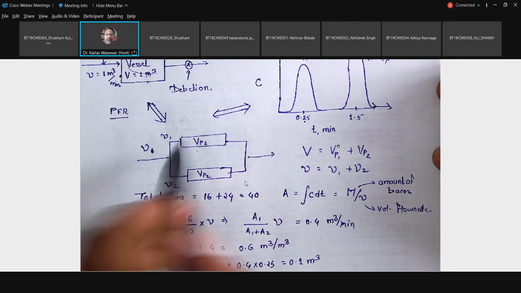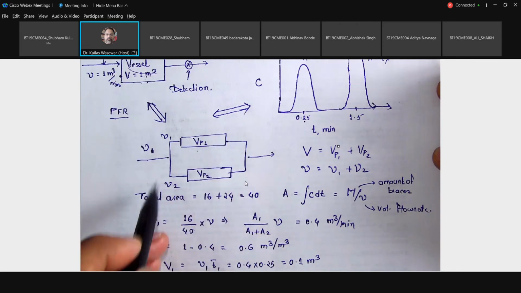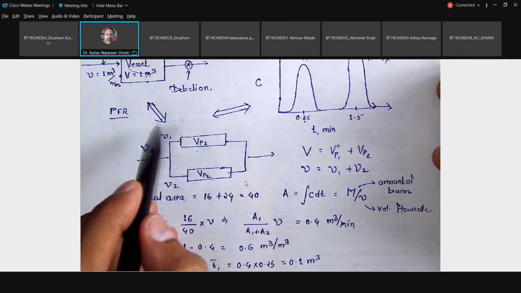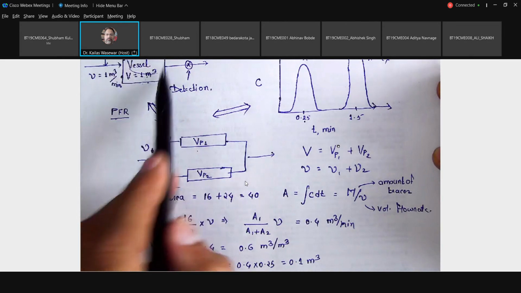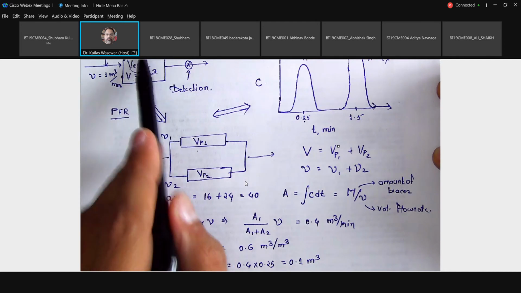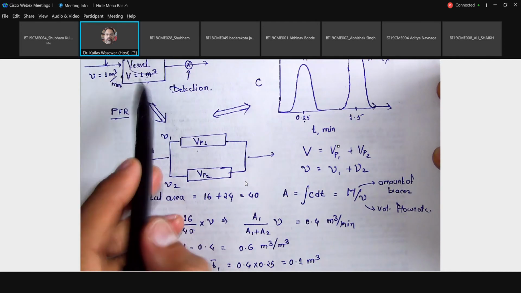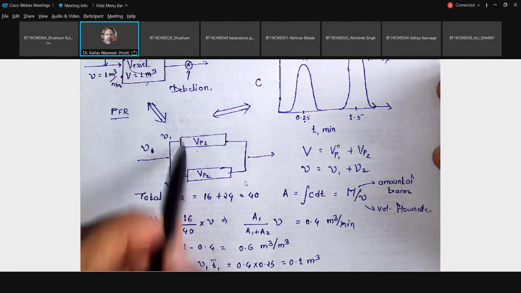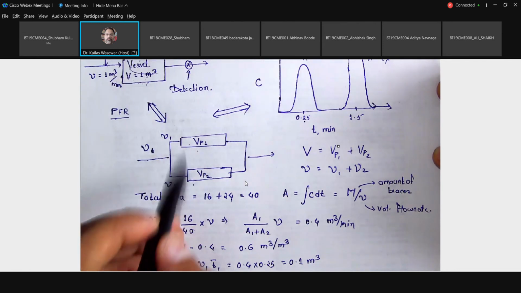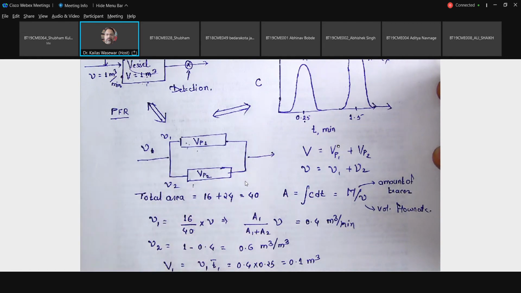This is not the ideal configuration. Remember, you will not find such things normally, but while designing a reactor you may encounter such a flow where that particular reactor may behave as two plug flow reactors in parallel.